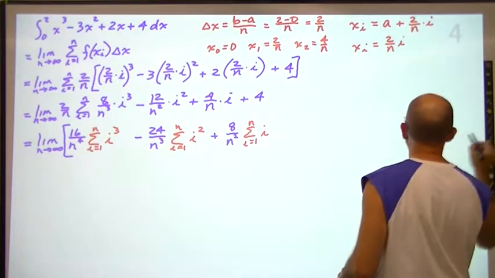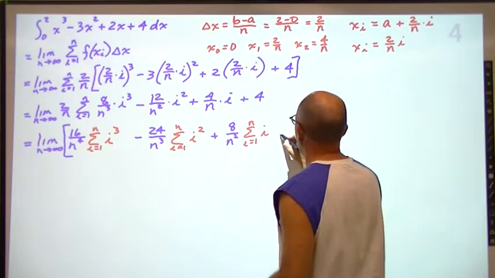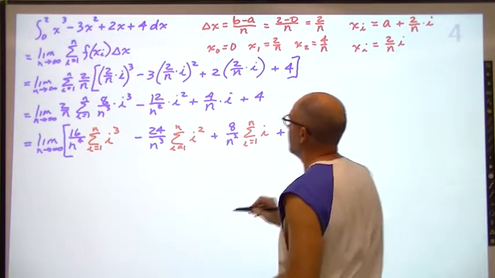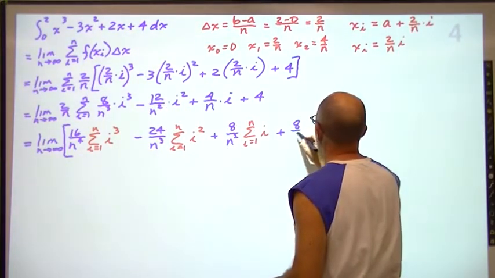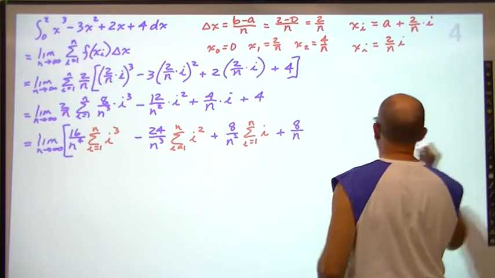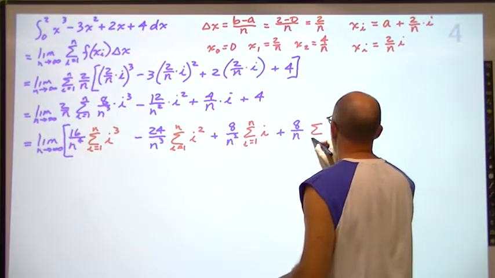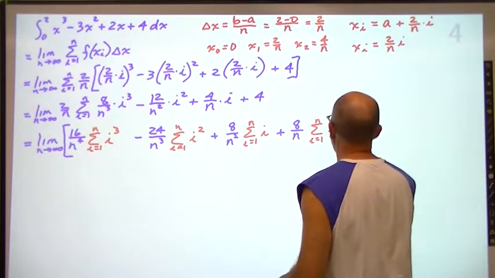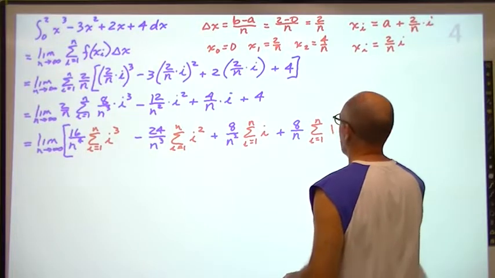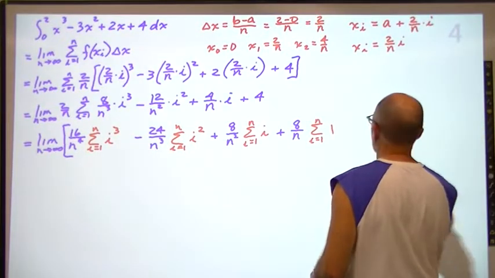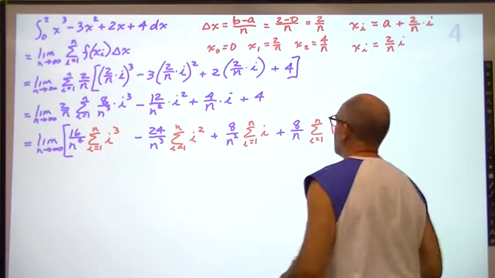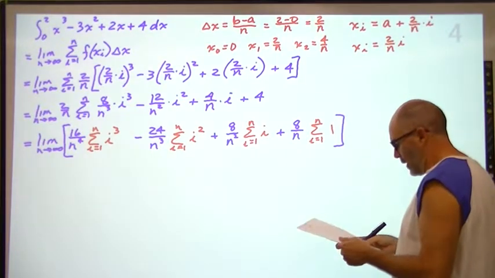And then we've got plus 4 times 2 over n, which is 8 over n, times summation from i equals 1 to n of just 1.